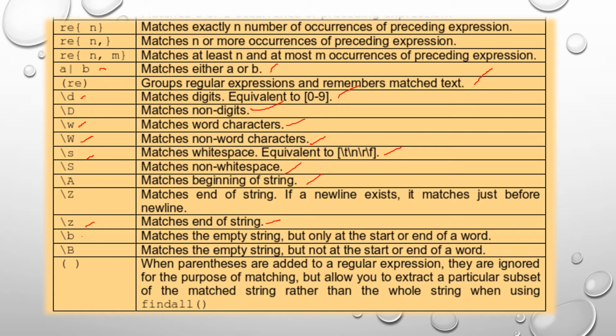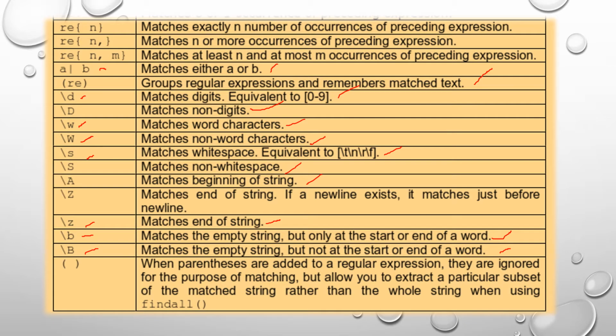Slash b lowercase: the meaning of this is matches the empty string, but only at the start or end of a word. So slash uppercase B: the use case of this is matches the empty string, but not at the start or end of a word.